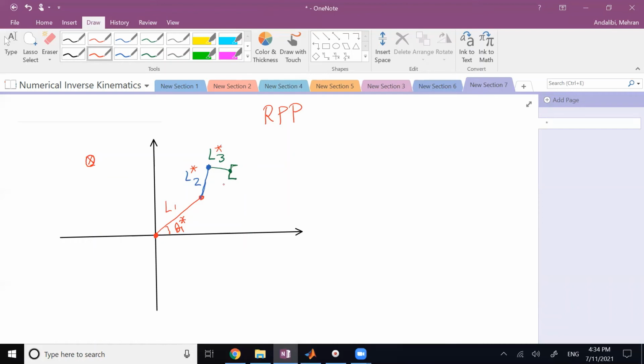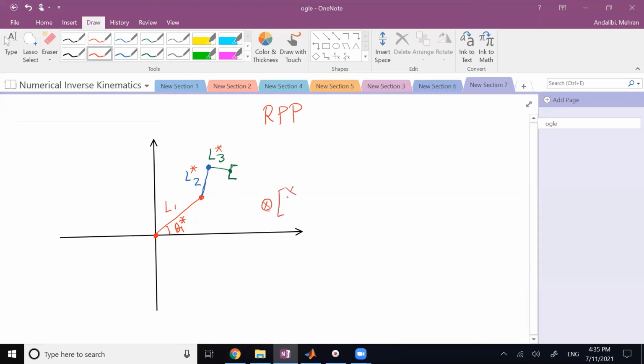If you want, I can go backwards, it's no problem. All I want to show you is what I can do to shrink or extend one of these prismatic members to get it closer. So let me bring my target here just for the sake of demonstration. So here, that's my target.